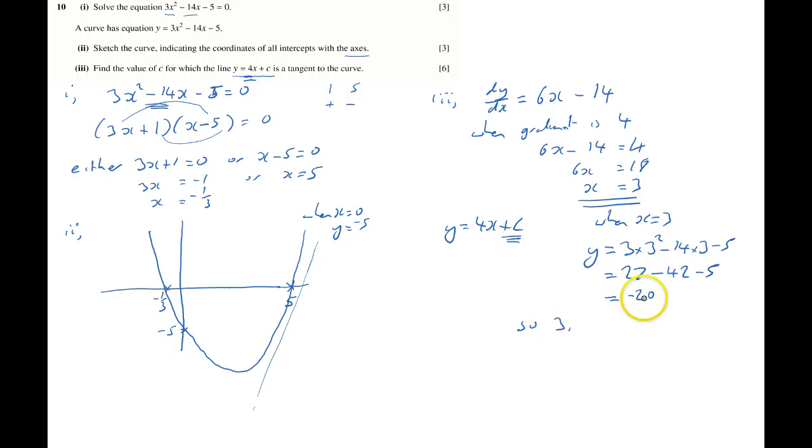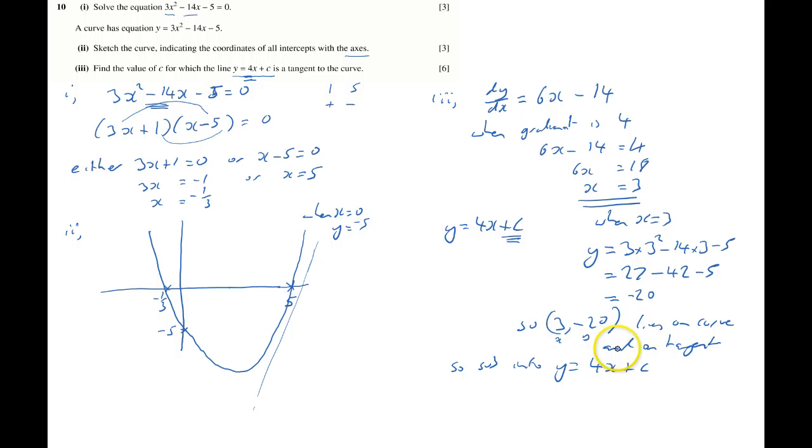So 3, minus 20 lies on the curve and on the tangent. So we substitute into y equals 4x plus c. As always, I write a little x onto there and a y onto there to make sure I substitute them in the right way around.